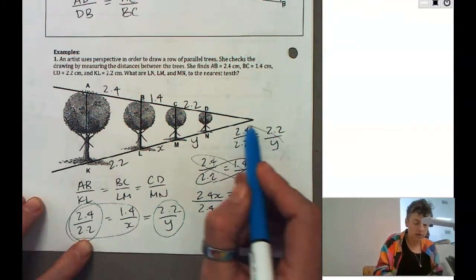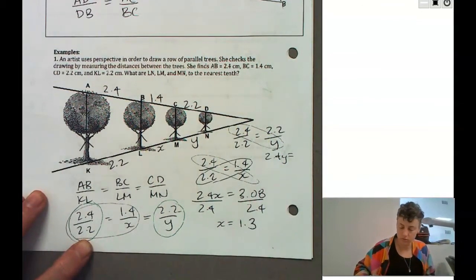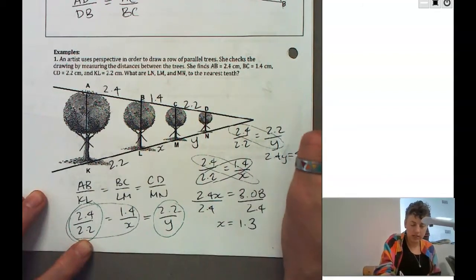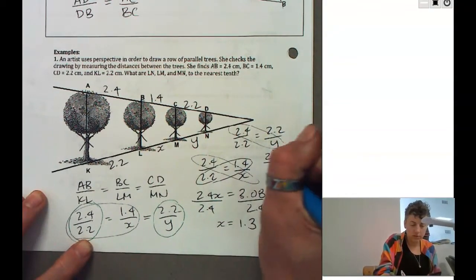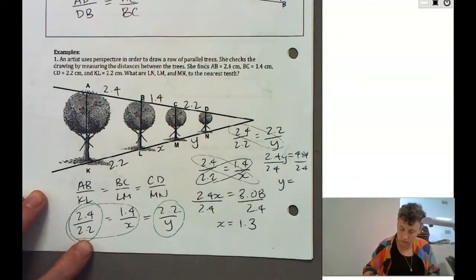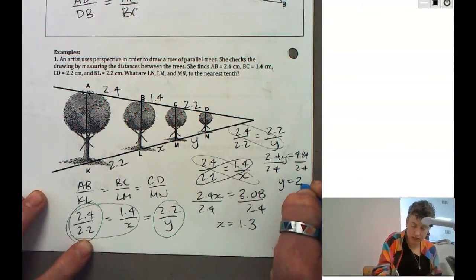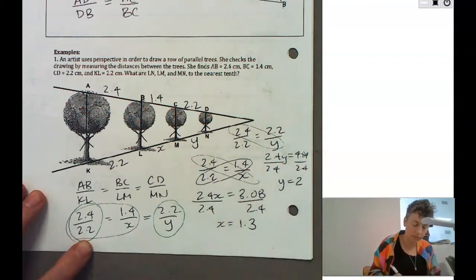Cross multiplying, 2.4y equals 2.2 times 2.2, which is 4.84. Let's do some division. Divide by 2.4. Y is going to equal, rounded to the nearest tenth, 2.